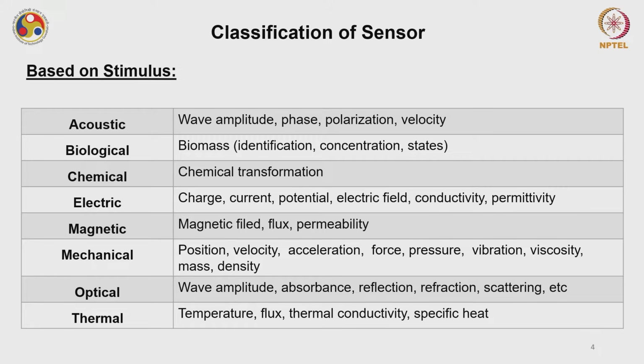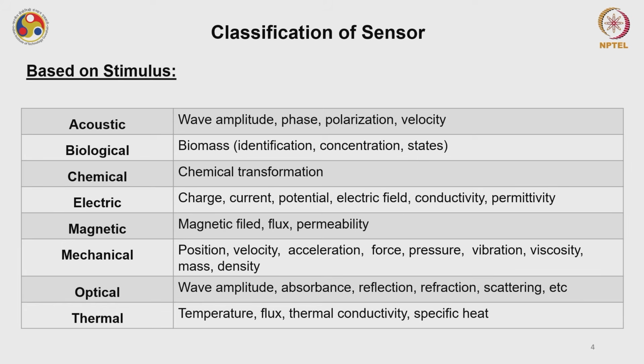Mechanical sensors, the stimuli for mechanical sensors can be a simple position of an object, its velocity, acceleration. We have seen under classification that we have accelerometers. I have mentioned that we'll discuss the characteristics of the accelerometer separately, as compared to the existing sensors. Similarly, the stimuli can be simple force, pressure, vibration, viscosity, mass, and density. In the force sensor, we'll discuss some of them.